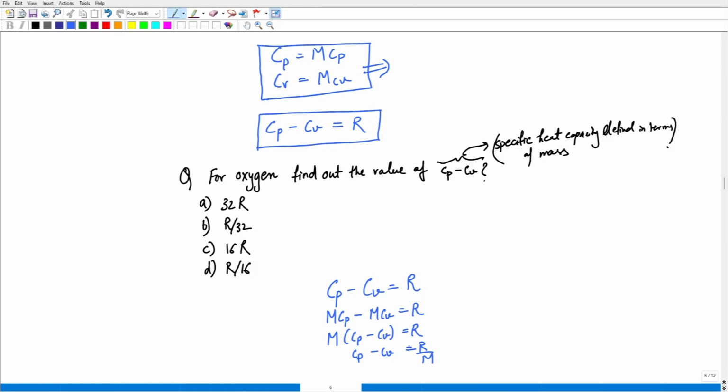We know m is the molar mass. So you can use this relation for any question. For this question, we know the molar mass of oxygen is 32. So the correct option is R by 32.